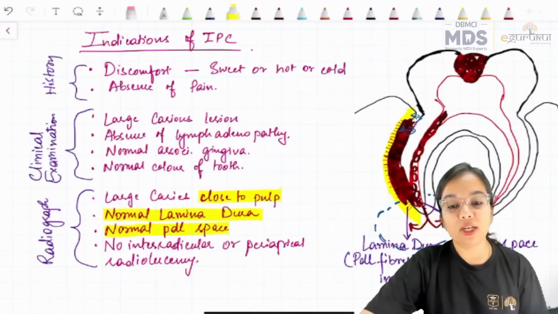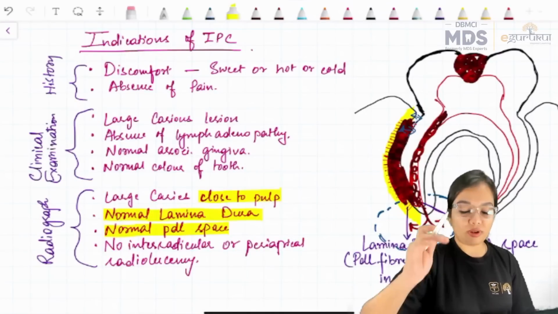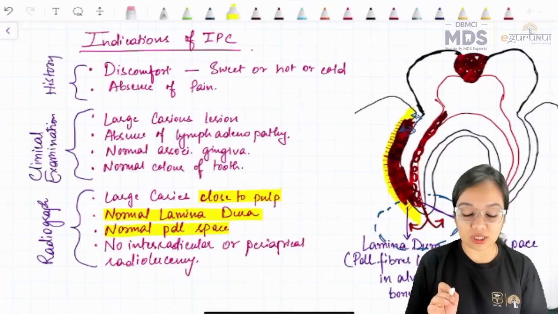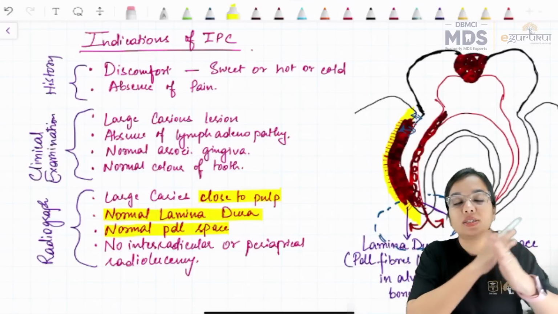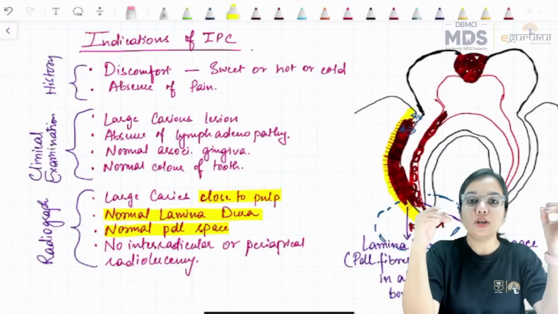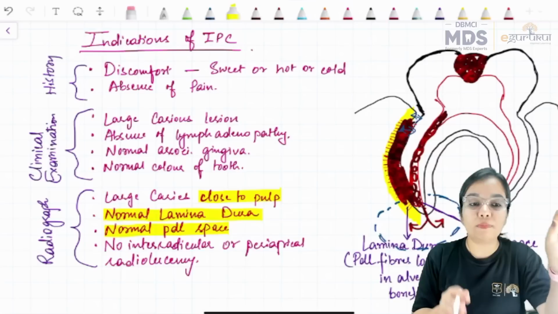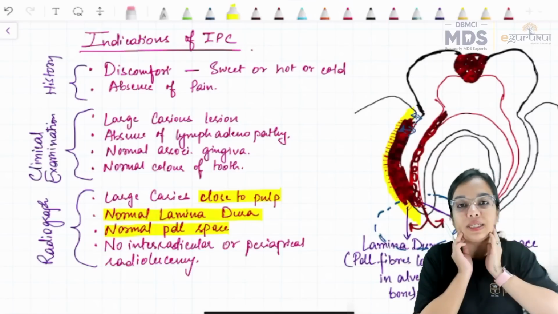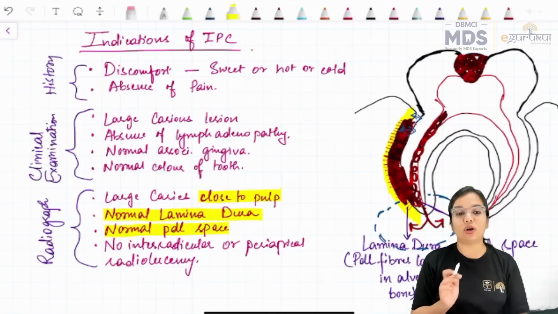Is it clear? Now, what are the contraindications? Exactly the opposite. When we talk about the contraindications, that means where we are not supposed to do an indirect pulp capping. When we talk about the history, if there is a sharp shooting pain that persists even when the stimulus is removed, it is contraindicated.